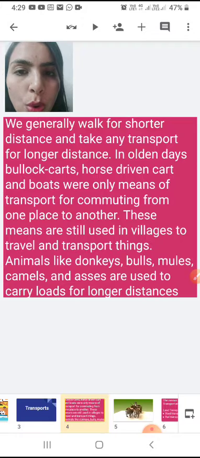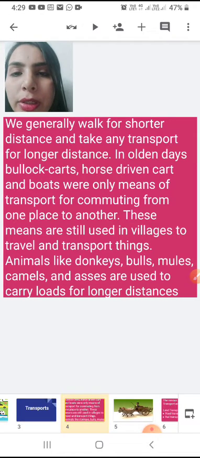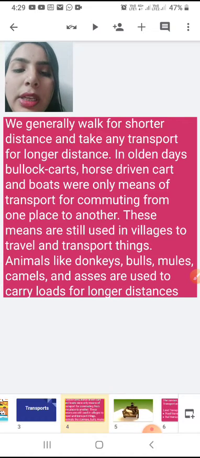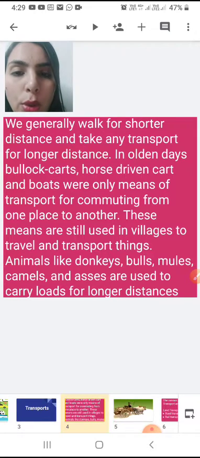If they wanted to go to an area where there is a river, they traveled through the boats. So these were the only means of transport in the olden days for commuting from one place to another.